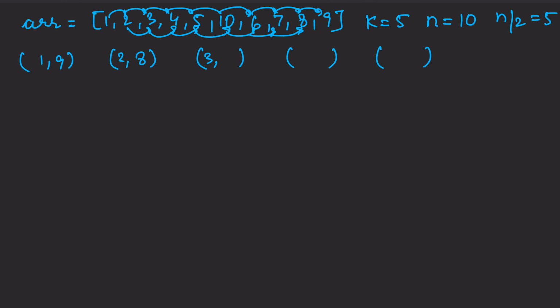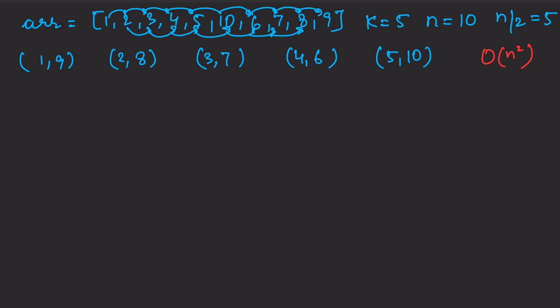So for 3, 7, 4, 6, 5, 10. So we successfully get 5 pairs and hence we return true. But as you can see, we are iterating through the array again and again, which will result in a time complexity of O of n square.